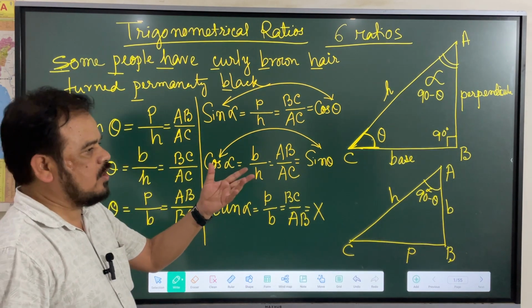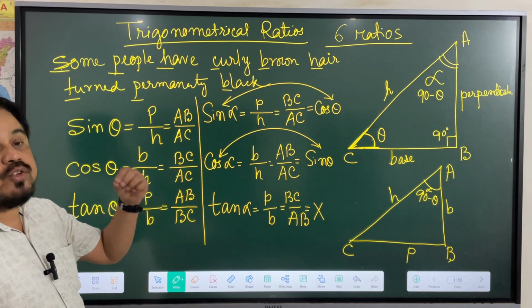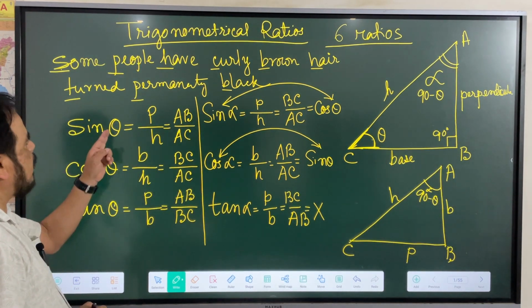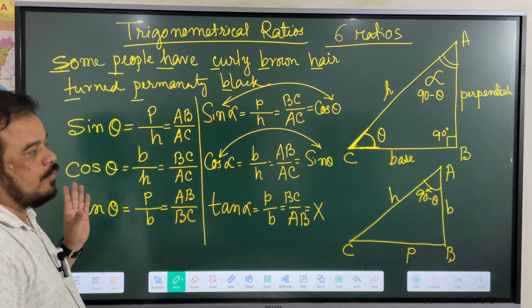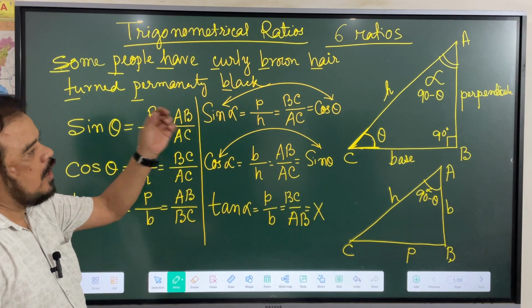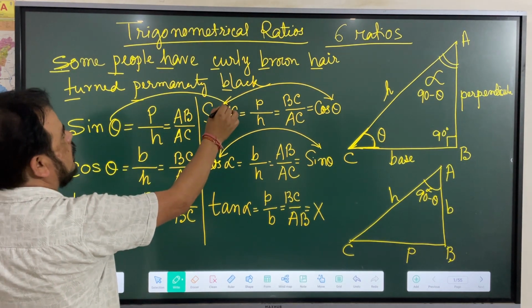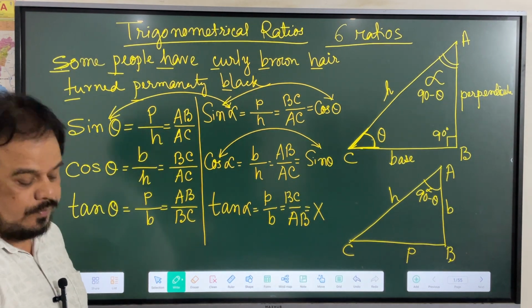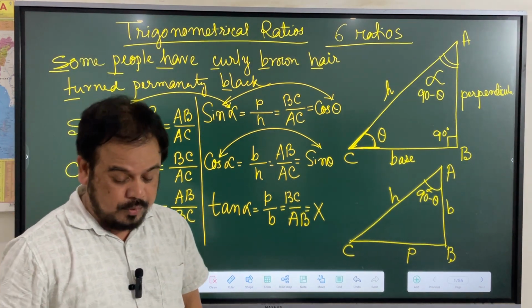With respect to x, we write sin x, cos x, tan x. With respect to 30 degree, we write sin 30, cos 30, tan 30. Theta means any measure of degree. Alpha also means any measure of degree. But if we add theta and alpha, we will always get 90 degree. That is the preliminary part you have to learn from trigonometry.